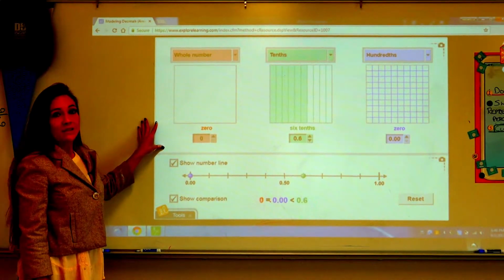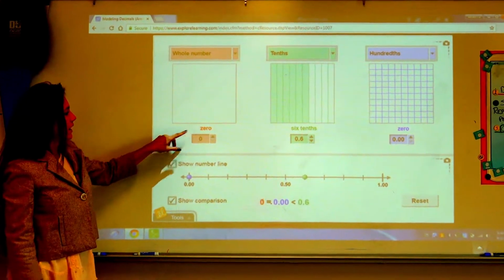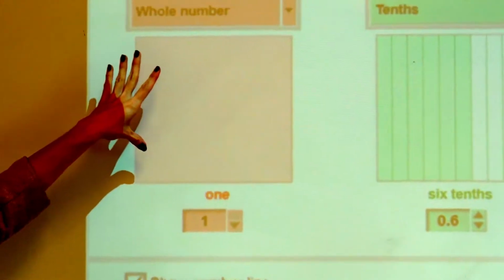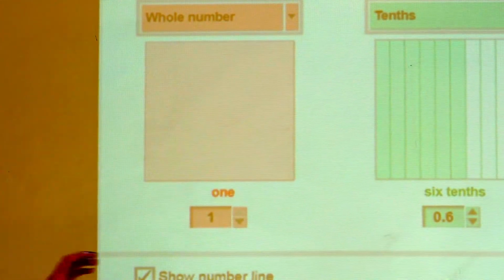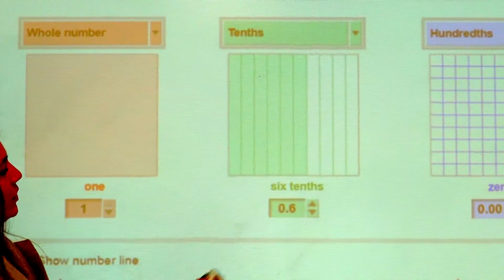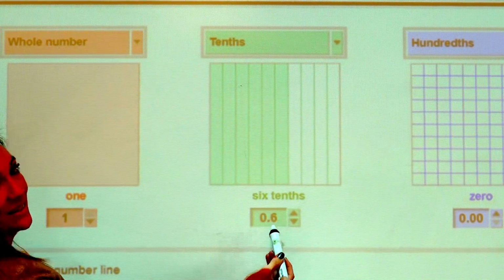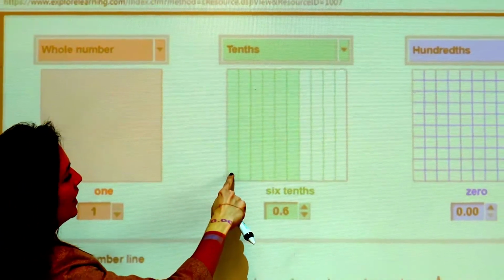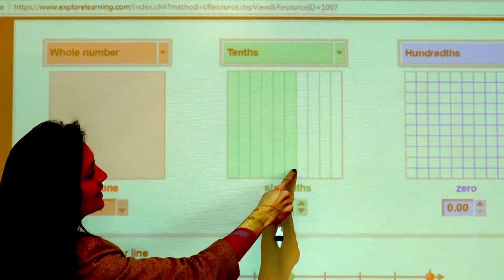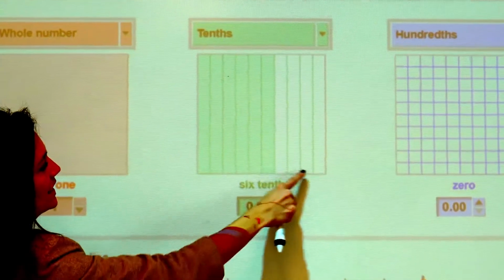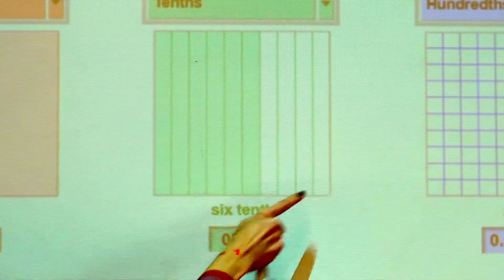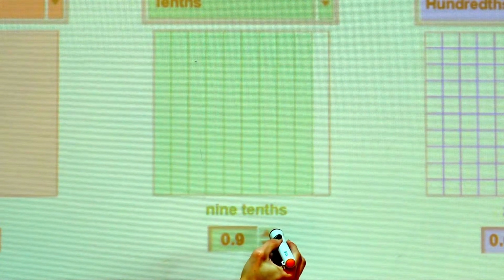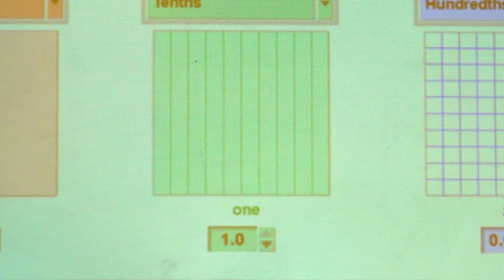So these are our placeholders. This is a whole number. We'll call it 1. And the 0.0, this placeholder is our tenths. And we have 1, 2, 3, 4, 5, 6 shaded out of 10. 7, 8, 9, 10.